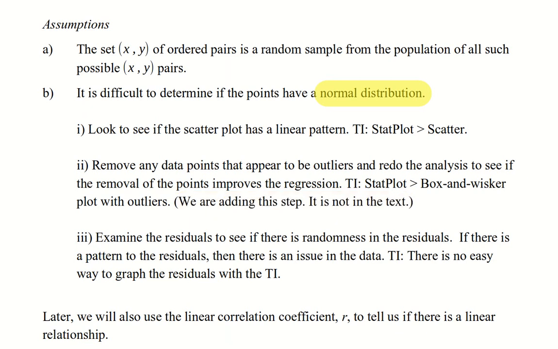So we're going to remove any points that appear to be outliers. So what does that mean? That's not difficult with our calculator because it has a feature, a special box and whisker plot with outliers. So we're going to go into StatPlot, make a box and whisker plot with outliers, and see if we have any outliers.